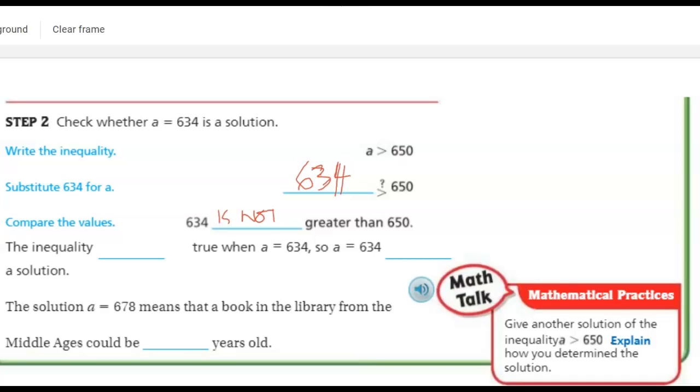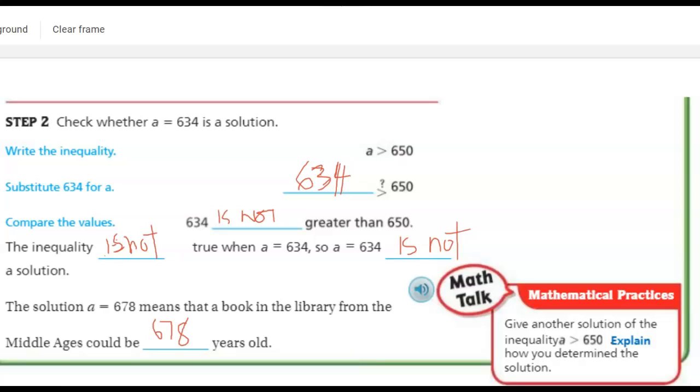So the inequality is not true when A equals 634. So 634 is not a solution. The solution A equals 678 means that a book in the library from the Middle Ages could be 678 years old.